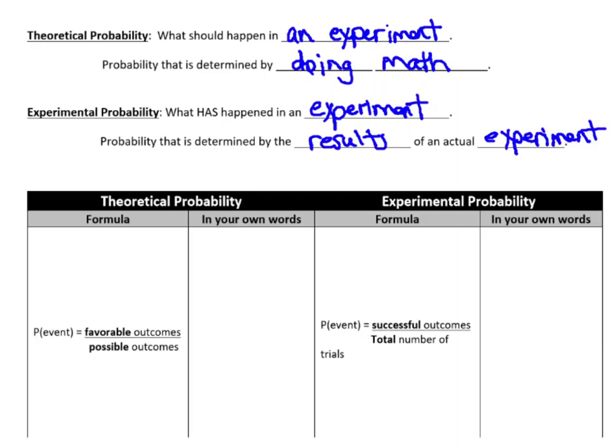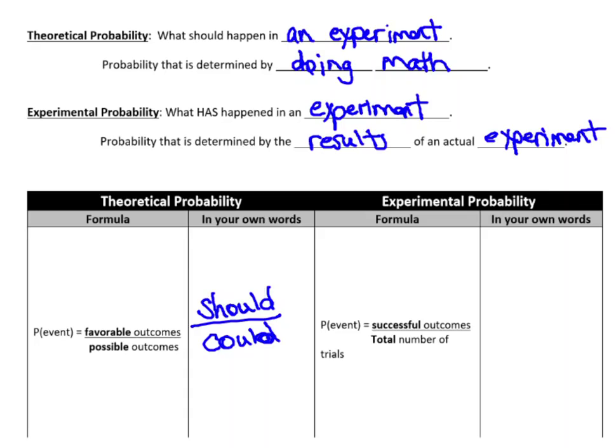So theoretical in our own words, favorable outcomes over possible outcomes. I just like to make it short. Should over could. So what should happen over what could happen.